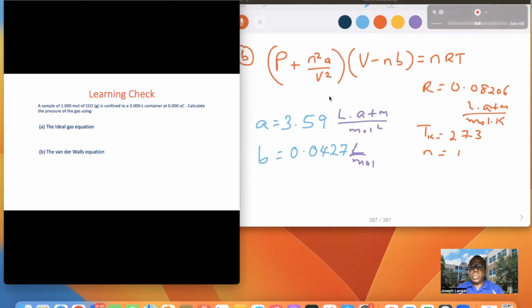Now you have to recall the algebra, how to rearrange the equation. We are looking for pressure. So we have to have pressure on one side, which means we need to divide.